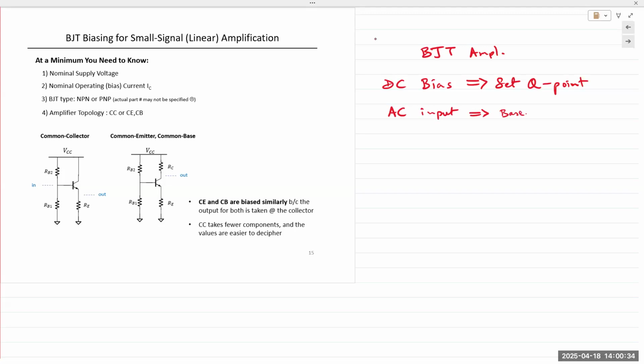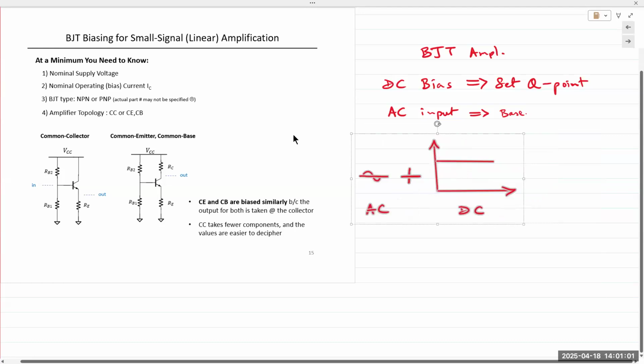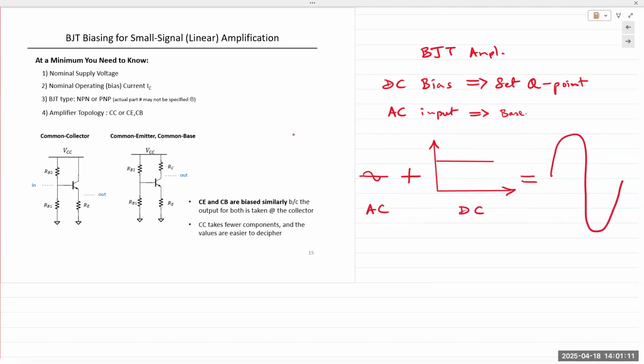What the transistor is going to do is it's going to take the small AC signal and it's going to take the DC voltage that is being applied as biasing, and it's going to give the shape of the AC signal to that DC energy that is being received. And that's how we get amplification.